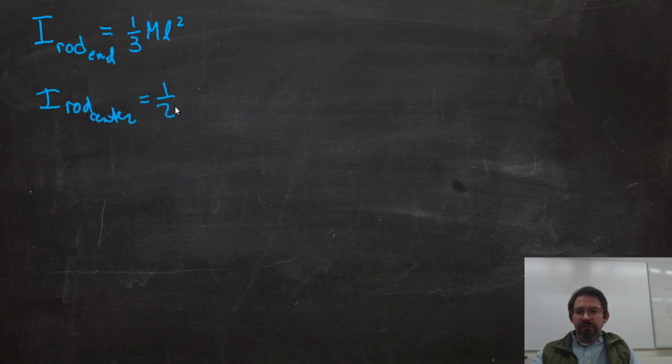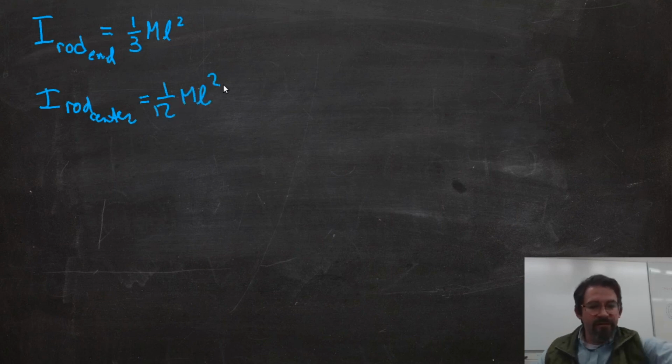Different objects have different moments of inertia, and it also depends what the object is rotating around. So I, for a rod of length L, rotating around its end, is going to be 1/3 the mass of the rod times the length squared. If the rod is rotating around its center, it's a much smaller value, 1/12 ml squared.